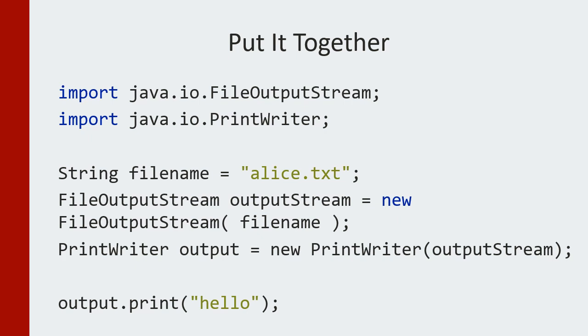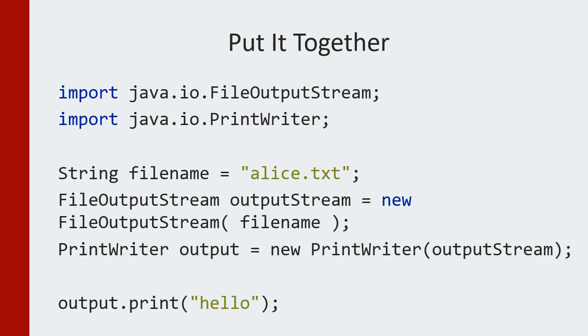Then I'm going to create a new outputStream that takes that fileName. So now FileOutputStream knows that you want to write to alice.txt because that's what fileName is. And now you're going to say PrintWriter output is equal to new PrintWriter outputStream, which relates back to the outputStream. Now, for example, I can output.print hello, which puts the word hello inside the file alice.txt.